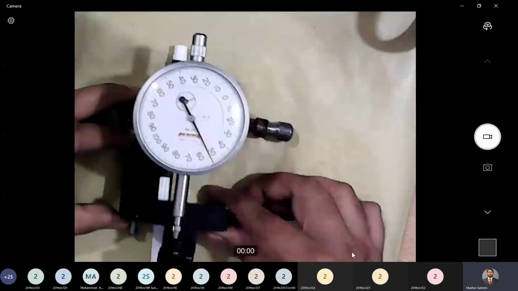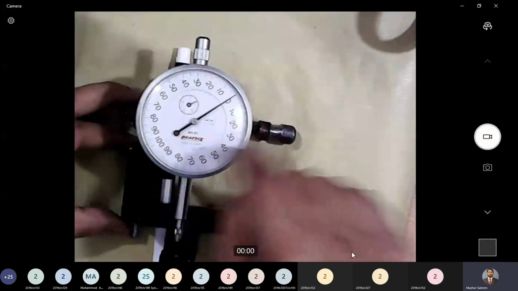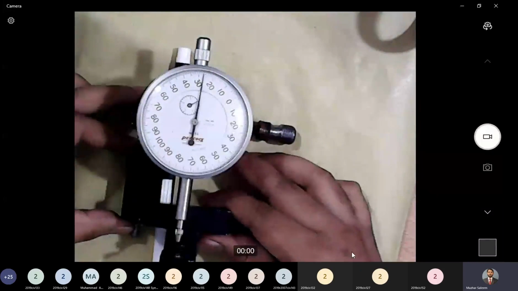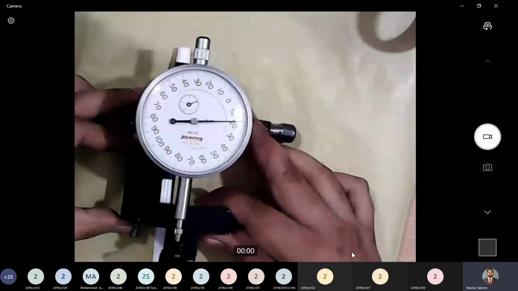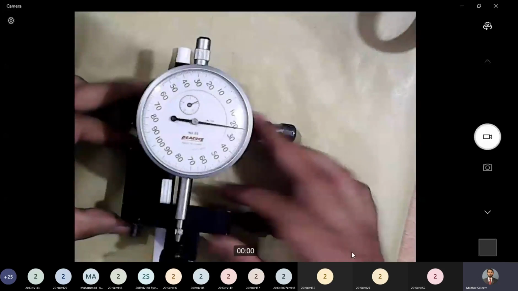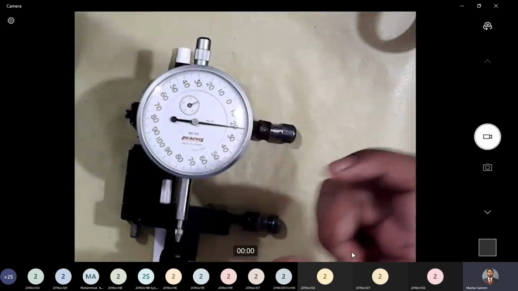As I move this component inwards or outwards, then the needles on the gauge move. So this instrument can measure elongation as well as shortening in any dimension.